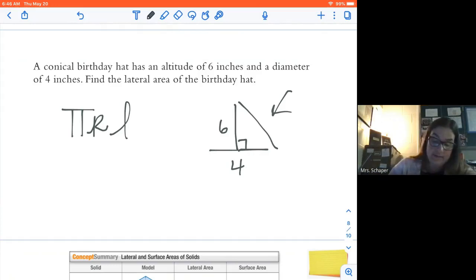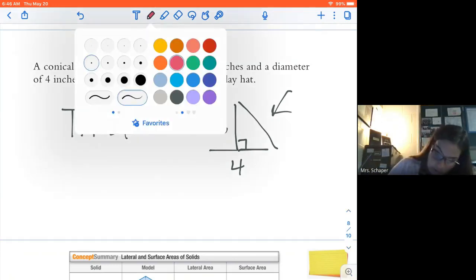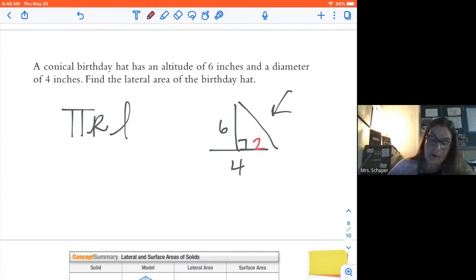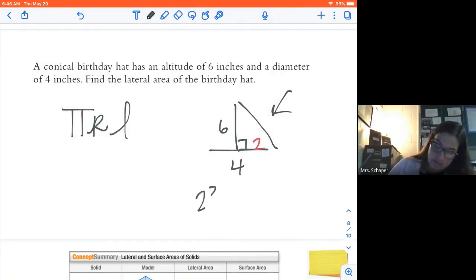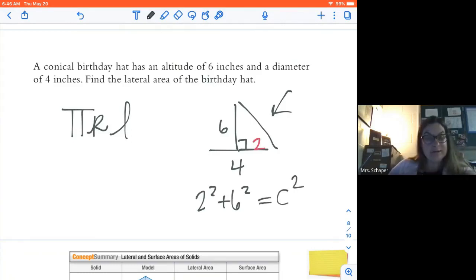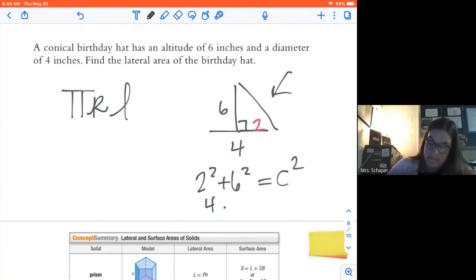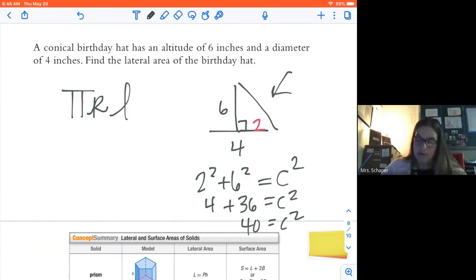So this piece is going to be 2. So I'll take 2 squared plus 6 squared is equal to c squared, using the Pythagorean theorem again. 4 plus 36 is c squared. 40 is c squared.